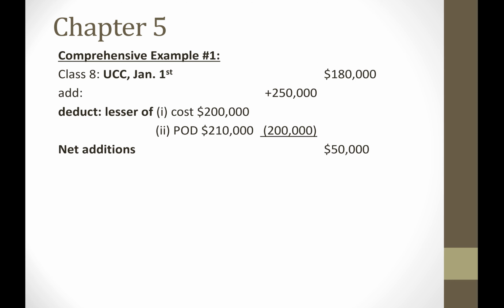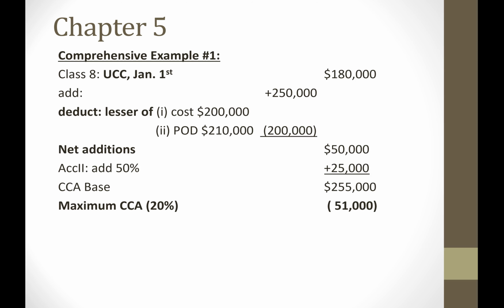Now, remember, the accelerated investment incentive only applies to positive amounts of net additions. So we get to increase this amount by $25,000, which is 50% of our net additions, and we get to take CCA on $255,000 at 20%. Our maximum CCA is $51,000.